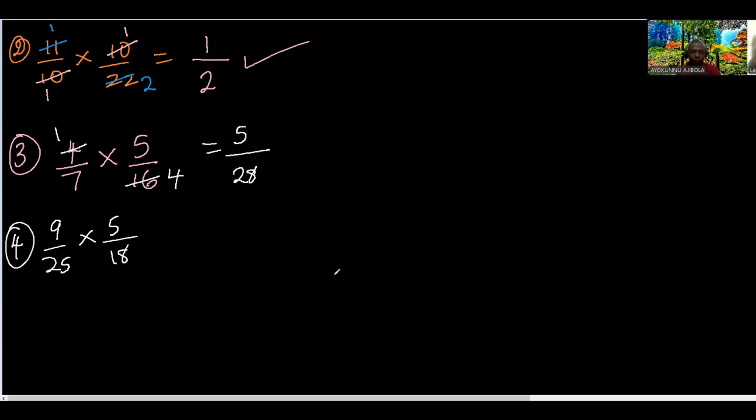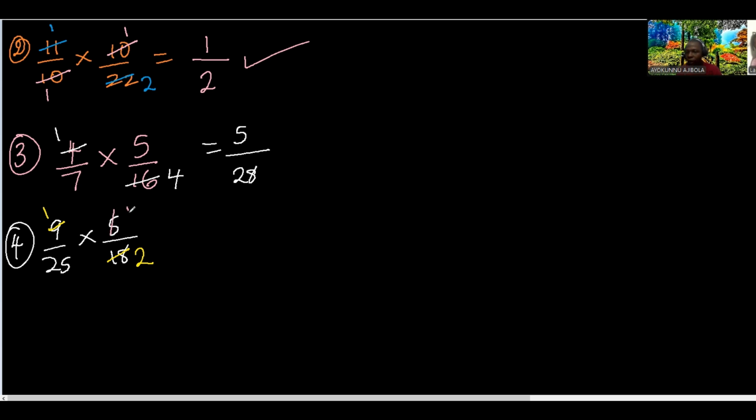It's 9 and 5, because there's 25 and there's 18. Which number should I use to divide themselves now? 9, and which number? 18. Good. 9 here, 1, 9 here, 2. Is that clear? Yes. Then which number again can divide? 5 and 25.